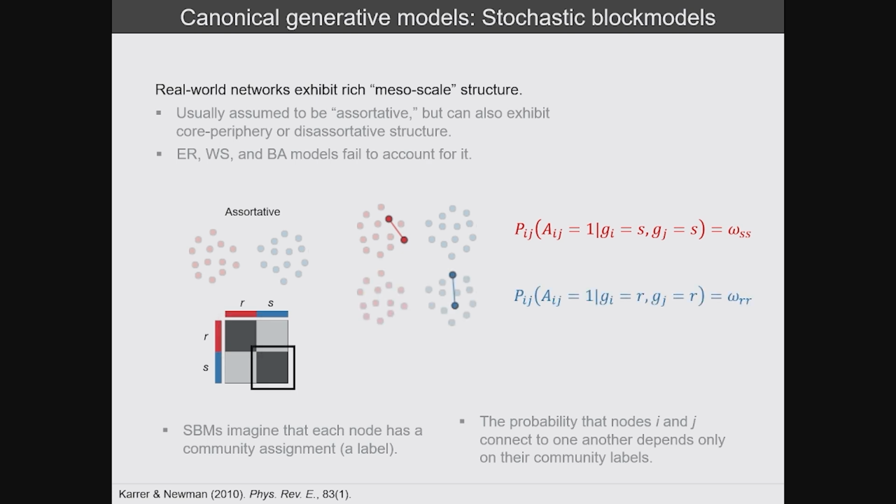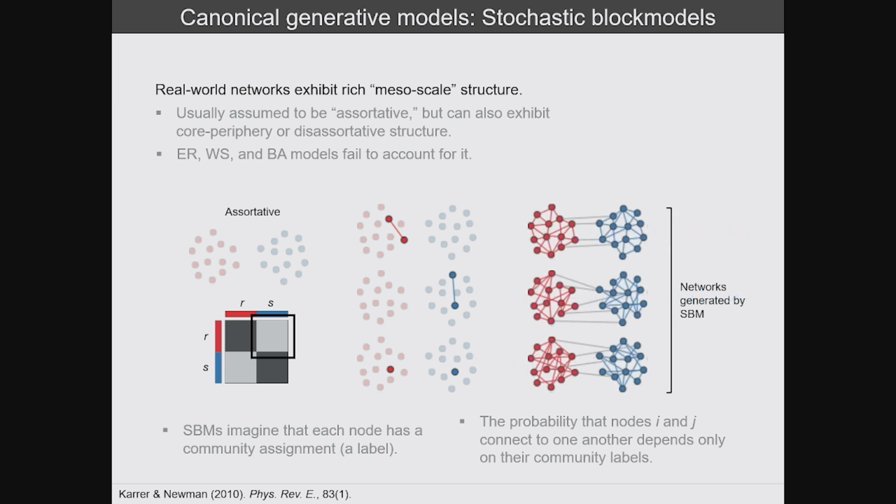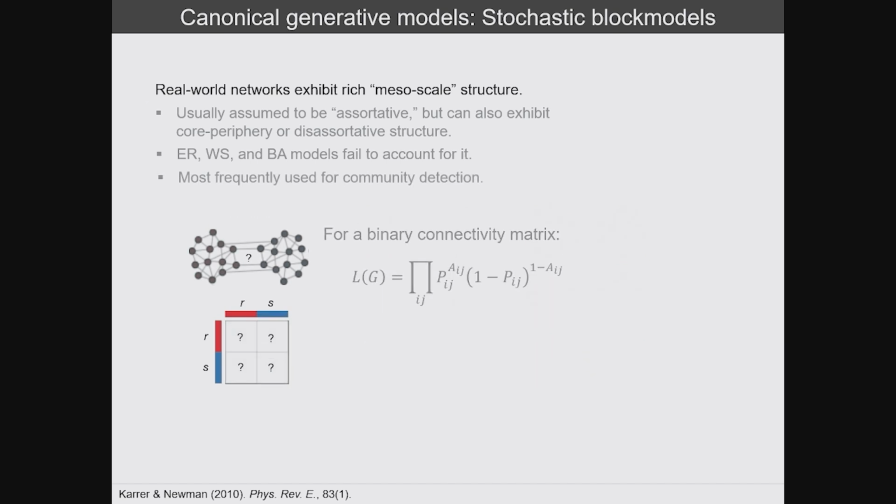The same would be true for blue to blue and blue to red. The probability of those connections forming depends only on this probability connection matrix. And we can generate networks from this. Once we choose those cluster labels, once we have this matrix, it generates modular networks with mesoscale structure.